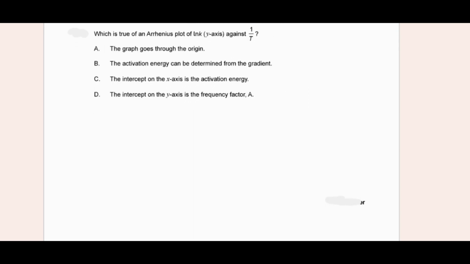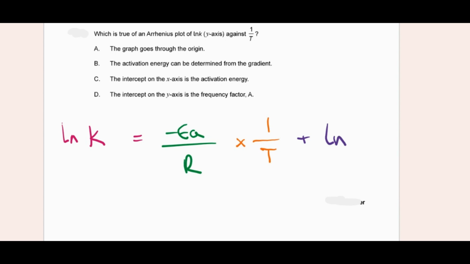Which is true of the Arrhenius plot of ln K against 1 over T? This is the same as Y. Now, knowing this, we can eliminate some of the options.